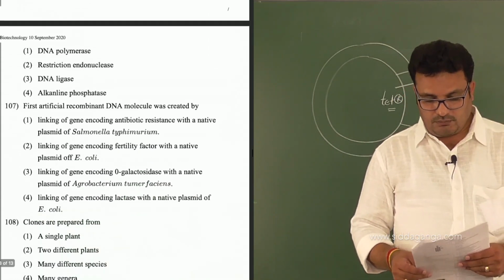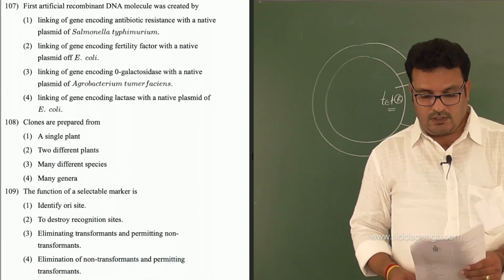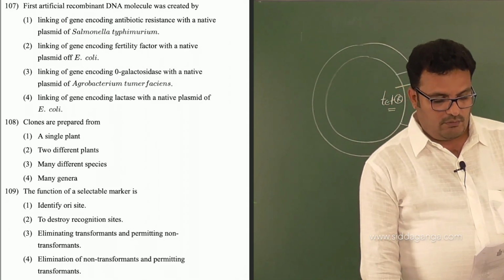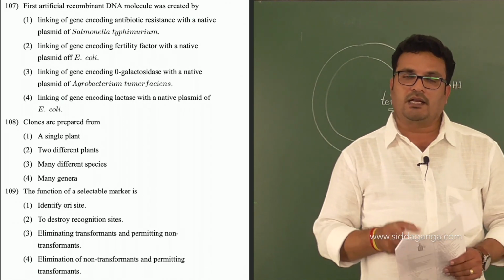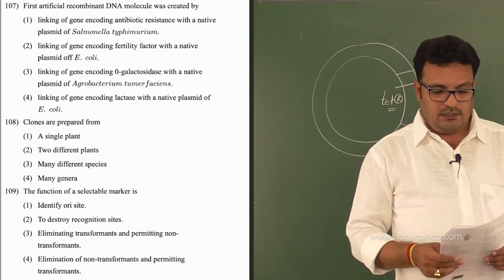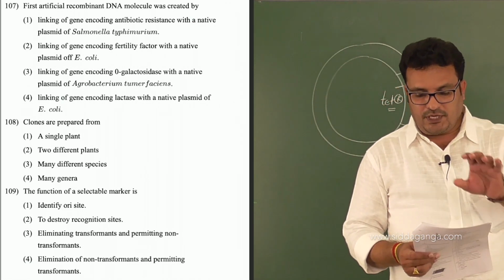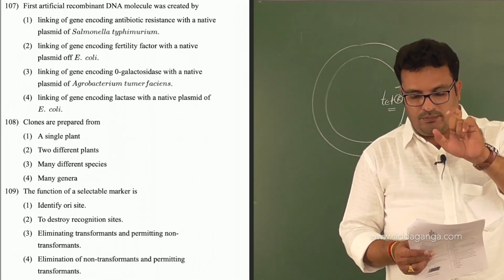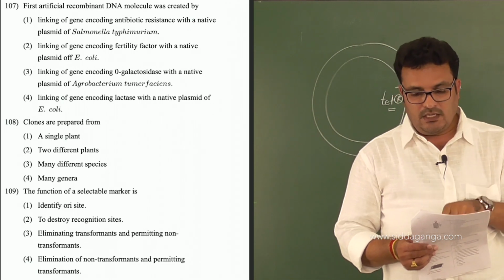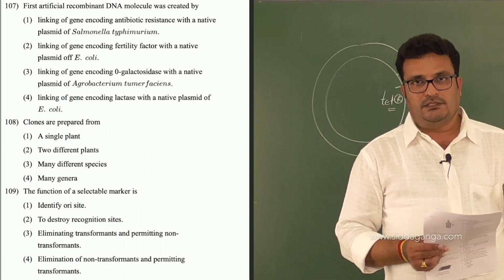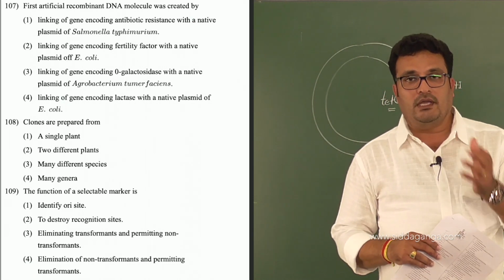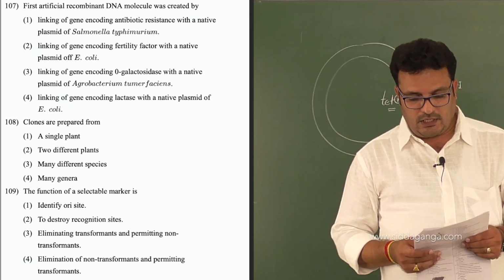Next, move on to question number 107. The first artificial recombinant DNA molecule was created by, I told you in the class, the linking of a gene encoding. The first artificial recombinant DNA was synthesized by Stanley Cohen and Boyer.